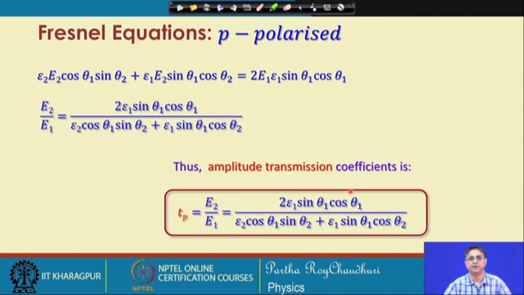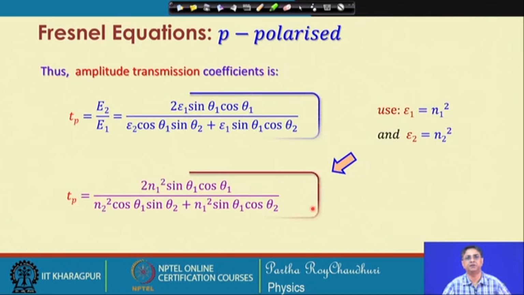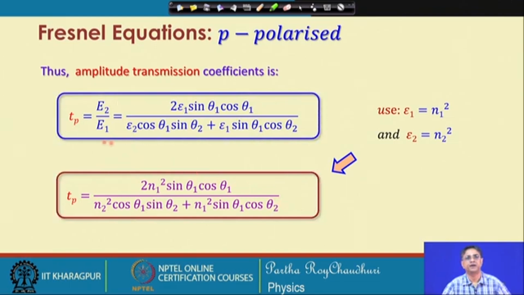So, we end up with this expression in terms of the permittivity constants, and this can be written in terms of the refractive indices, in the same way as we have done in the case of the reflection amplitude coefficient.